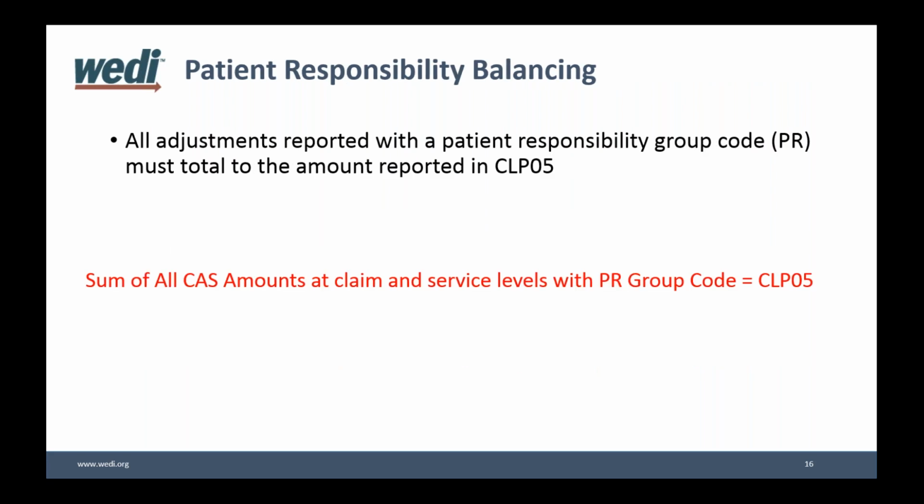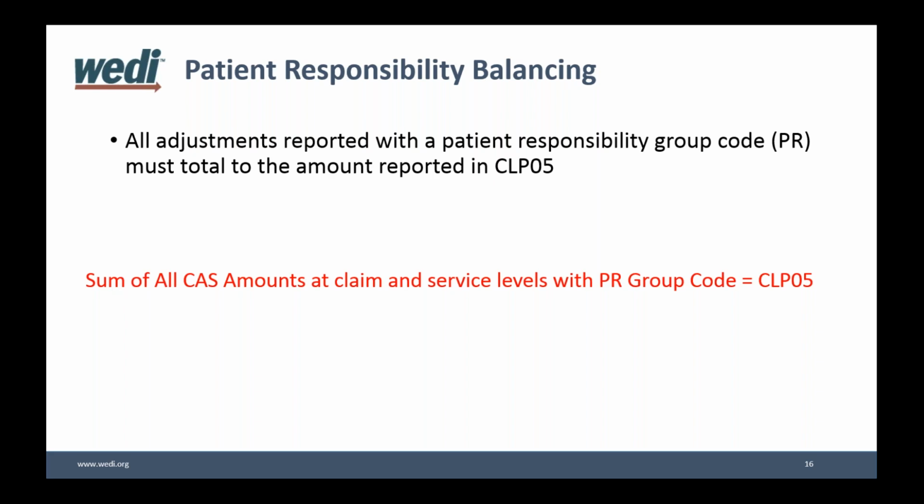Patient responsibility. So we've seen this as we've been going through our examples, and we'll see more of this. This is all the adjustments reported with the patient responsibility group code of PR. And this must total to the final amount that's reported in CLP05. This in some systems could actually initiate a letter or invoice to the patient.